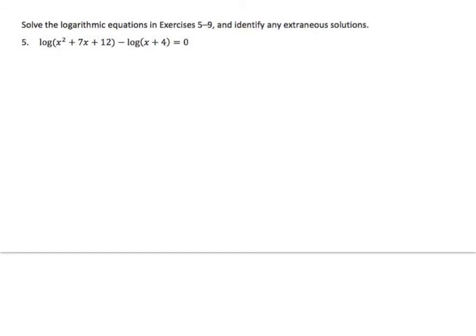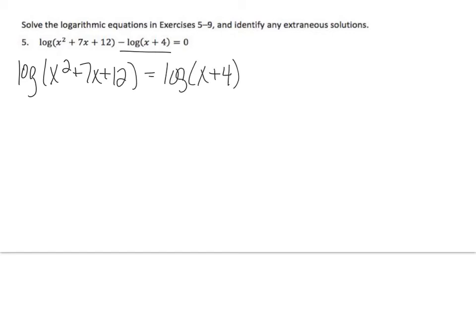So let's try this one. I'm going to move this to the right side of the equal sign. Because it's 0 over there, it's pretty easy to do. I've got log x plus 4. Since I have log on both sides, I can get rid of them. So now I have x squared plus 7x plus 12 equals x plus 4.